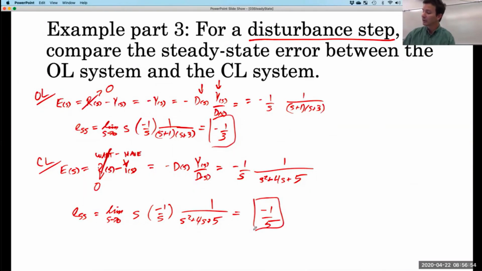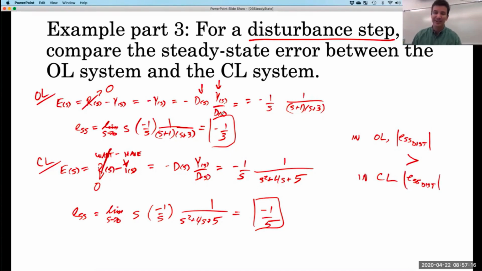So the conclusion here is that in open loop, the error in steady state due to a disturbance in magnitude is larger than in closed loop. So yeah, don't let these negatives throw you off.